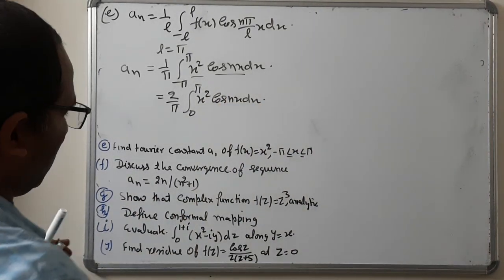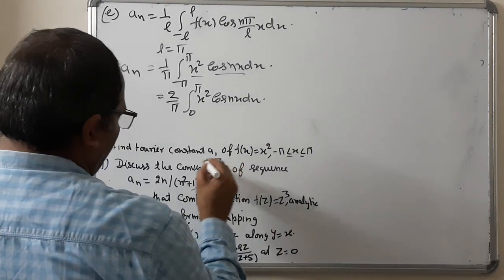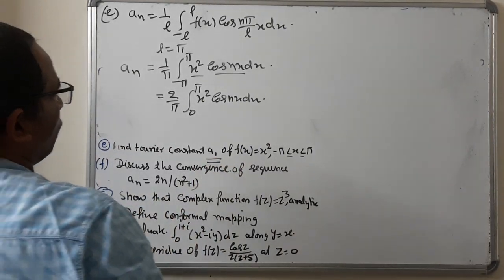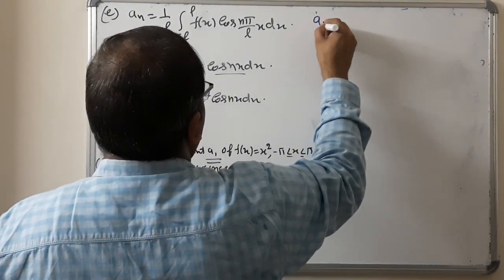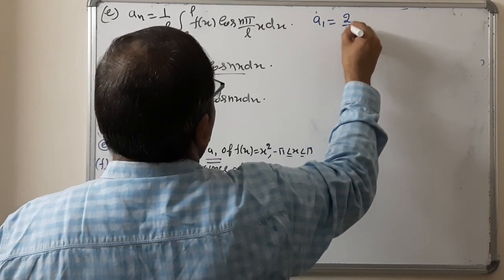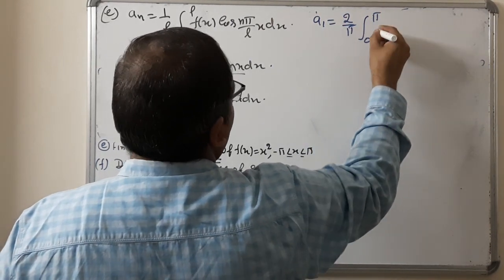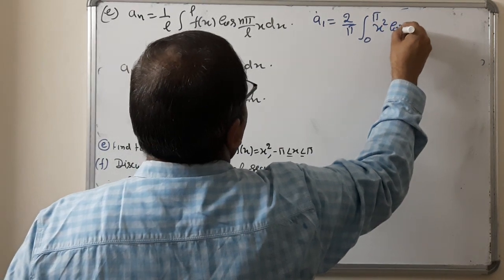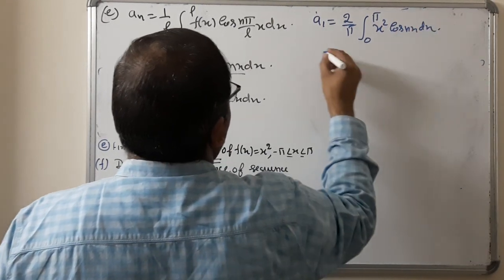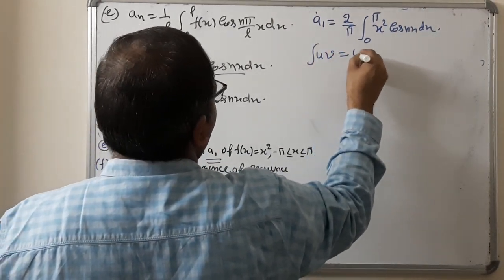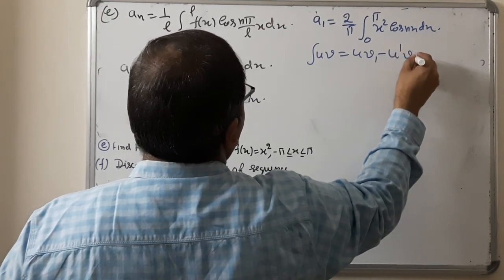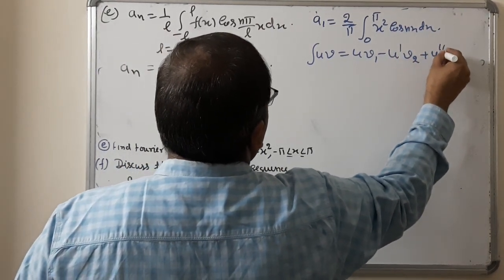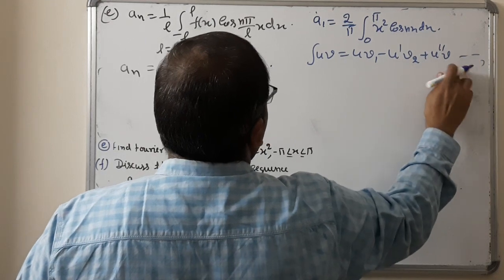Now put n equal to 1, because we have to find the value of A1. What is the value of A1? A1 is equal to 2 upon pi, 0 to pi, x square cos nx dx. Apply the formula, integration of uv equal to u v1 minus u dash v2 plus u double dash v3 and so on.